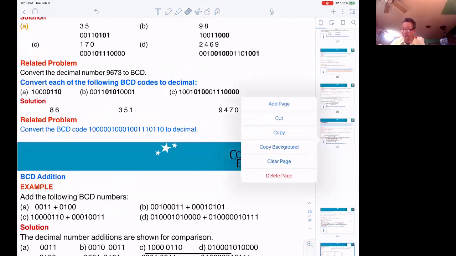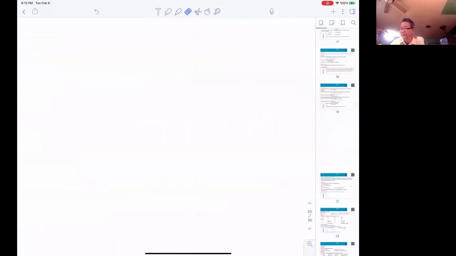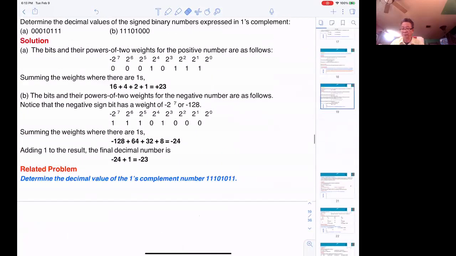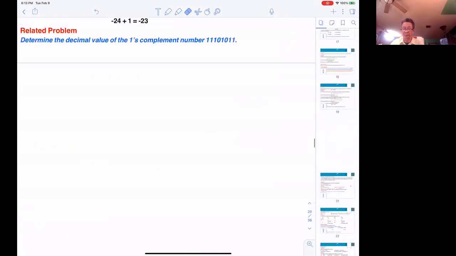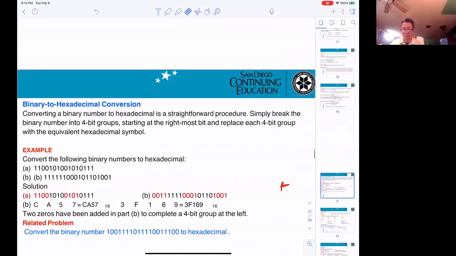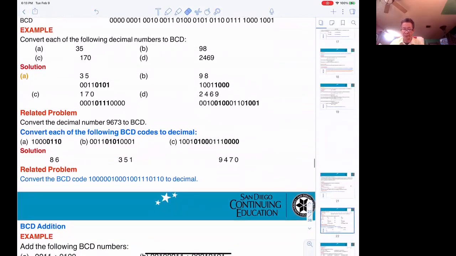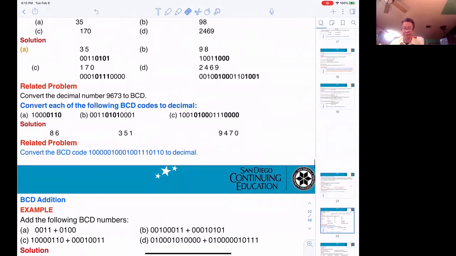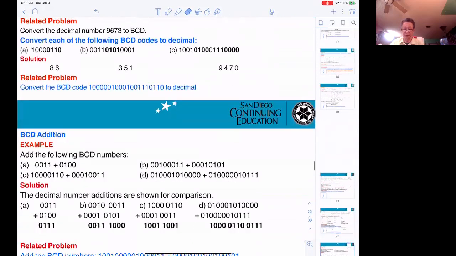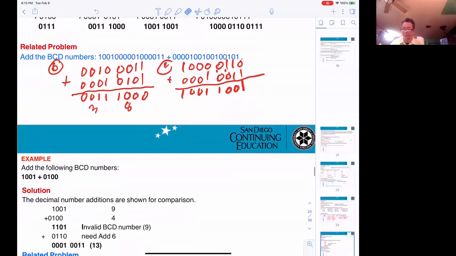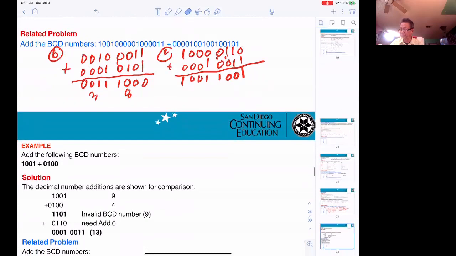Delete, clear pair, delete. Okay, I can see.